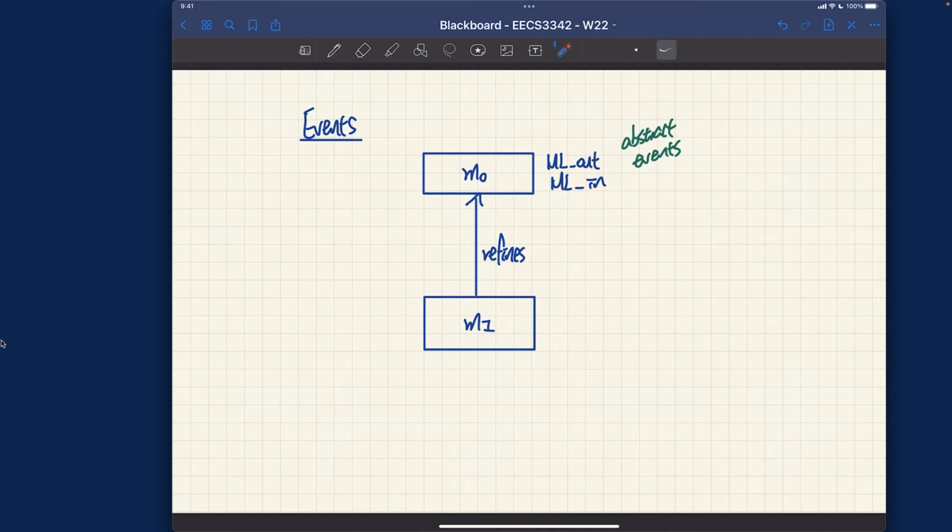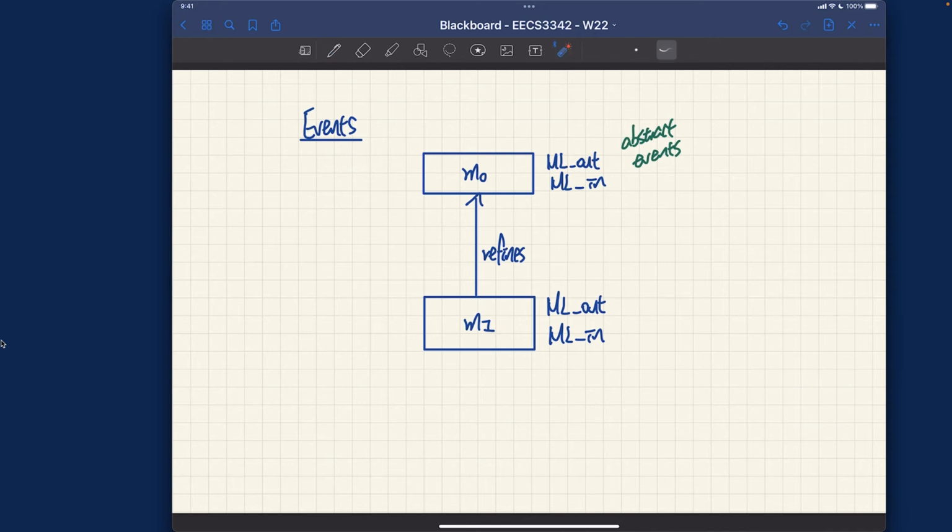But the story will be slightly more complicated when we try to refer to events in the refinement model, right? So let's talk about what we said last week. ML out and ML in are inherited from the abstract model. You can use the inheritance analogy which I mentioned last week.